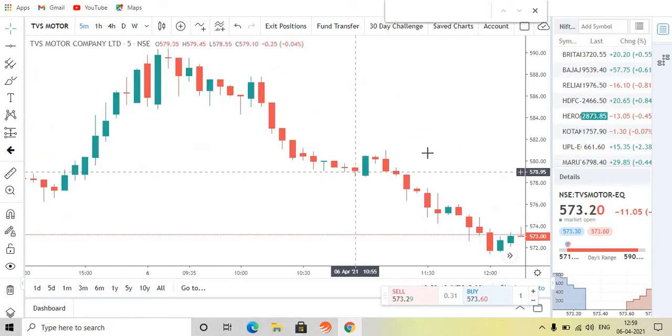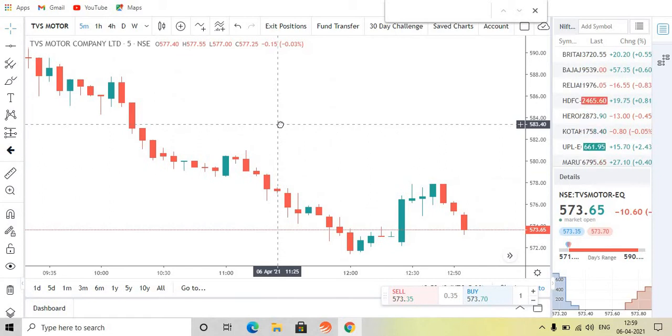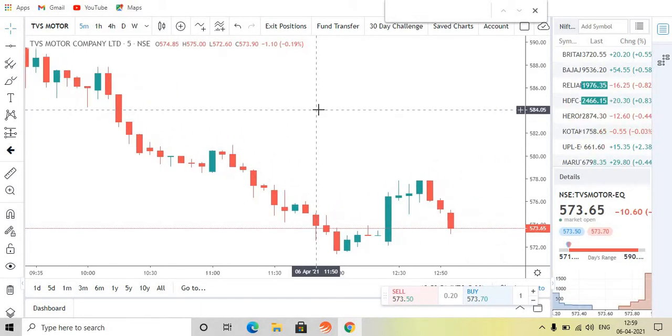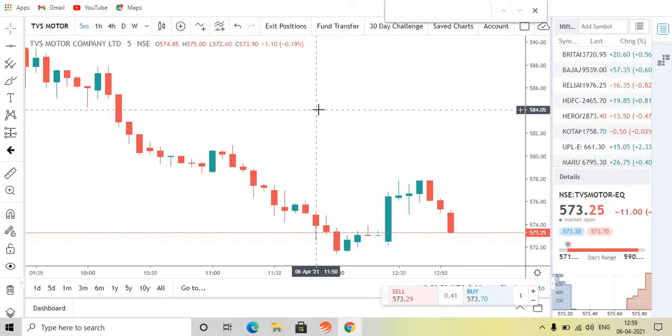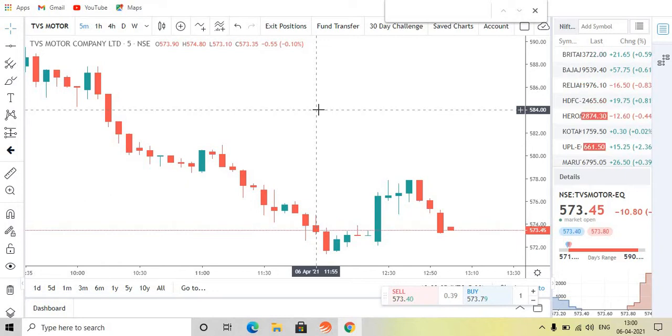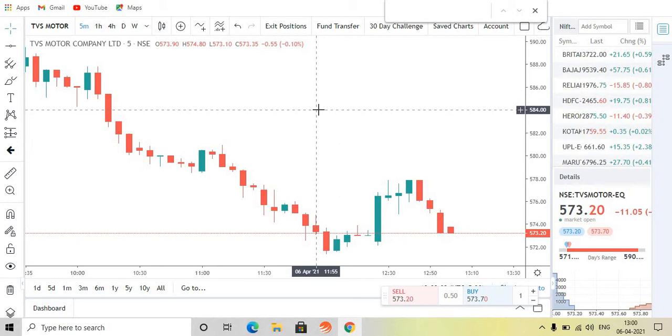If you want to add any indicators to it, first of all, what are indicators? Indicators are like a street light. For example, if you are traveling on a road at night time, the light will show you some guidance on the road. So this will guide you on how the price is moving.